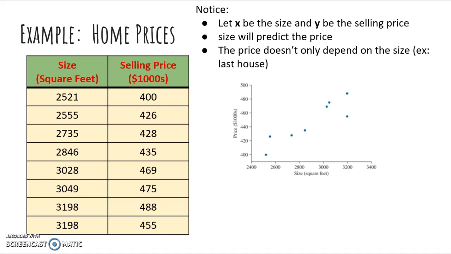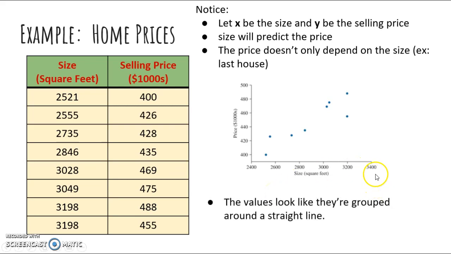And I think that it does, because if you'll look, as the size of the house goes up, typically the cost goes up as well. So houses that are in the 3,000 square footage range cost more than those in the 2,400, 2,500 square footage range.